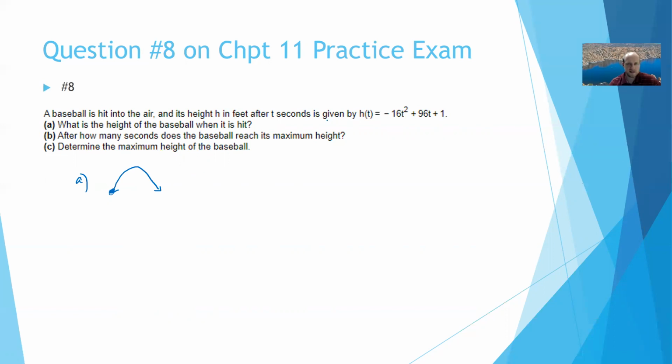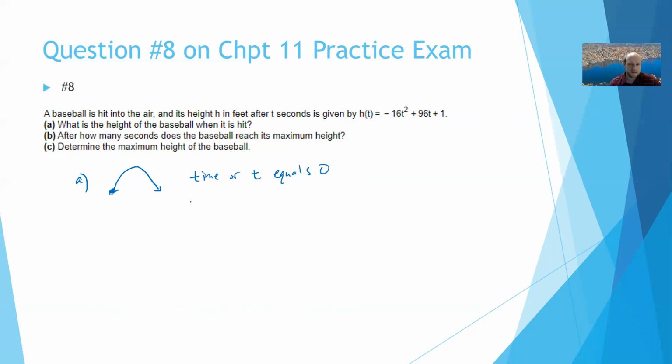Well, the time in this function would be 0, because this function represents the baseball's height in feet after t seconds. It hasn't been hit yet, so it hasn't been in the air at all. So basically here, our t variable equals 0.